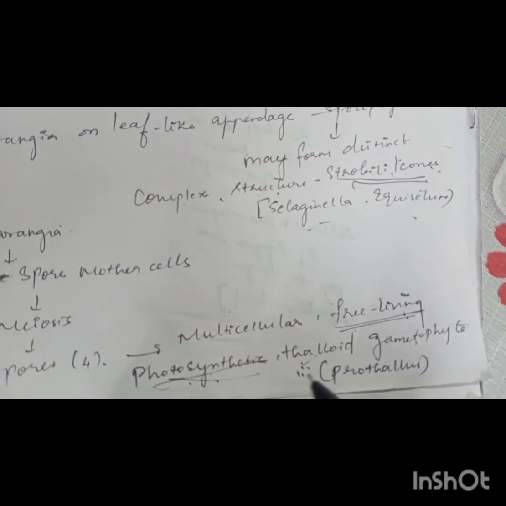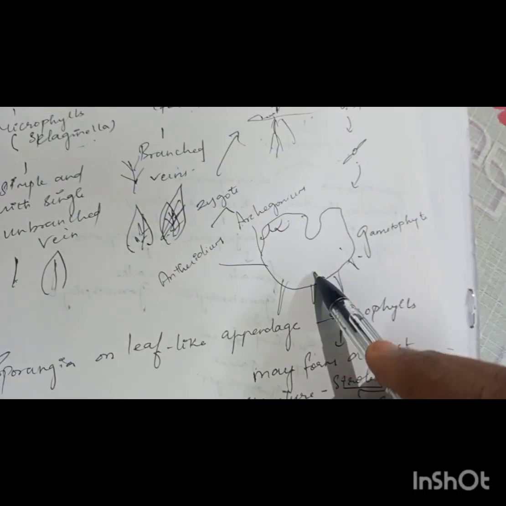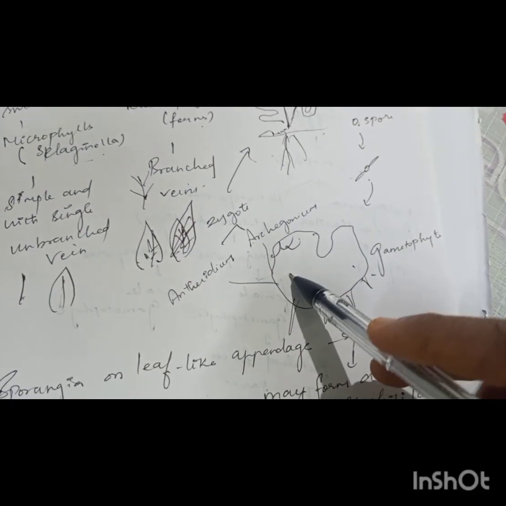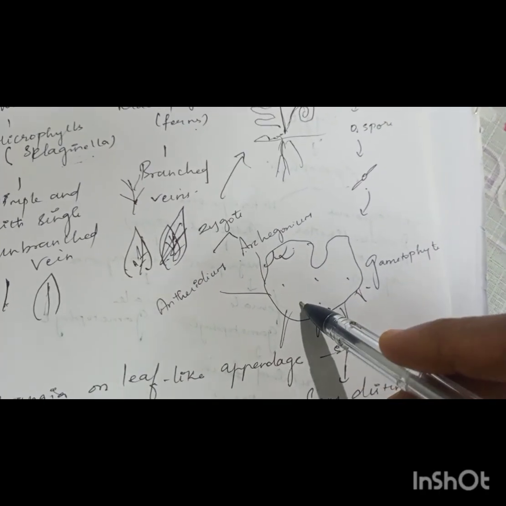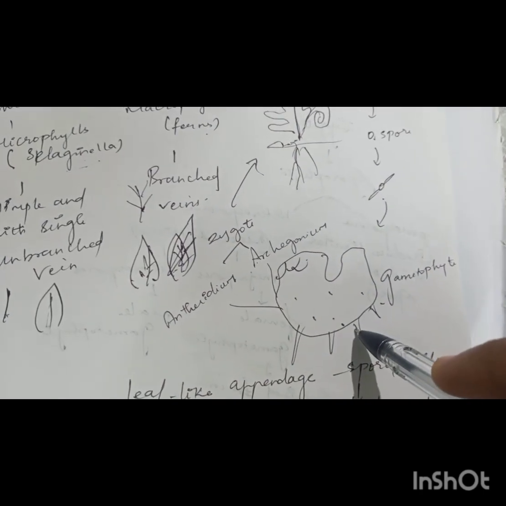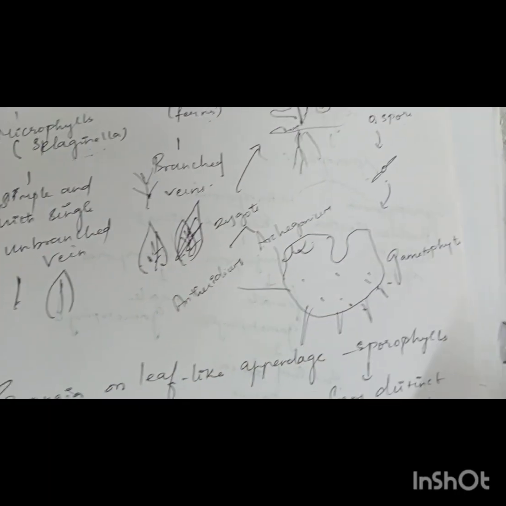It doesn't have true root, leaf and stem like the sporophyte, and hence the gametophytic phase of pteridophytes is a thalloid, and this kind of gametophyte is known as a prothallus. So the gametophyte is multicellular, free living, capable of photosynthesis, and a thalloid as it has no root, stem, leaf differentiation.